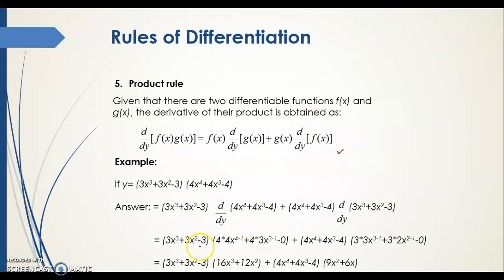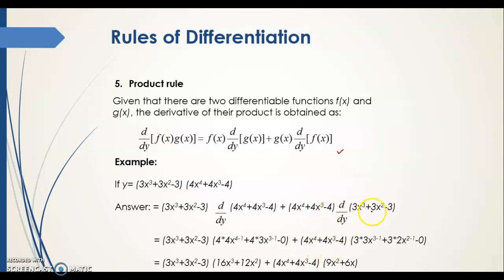Now this function as it is, and the differentiation of the other function will be 4 into 4 x raised to power 4 minus 1 plus 4 into 3 x raised to power 3 minus 1, and with this constant it is 0. Then the second function will remain as it is.